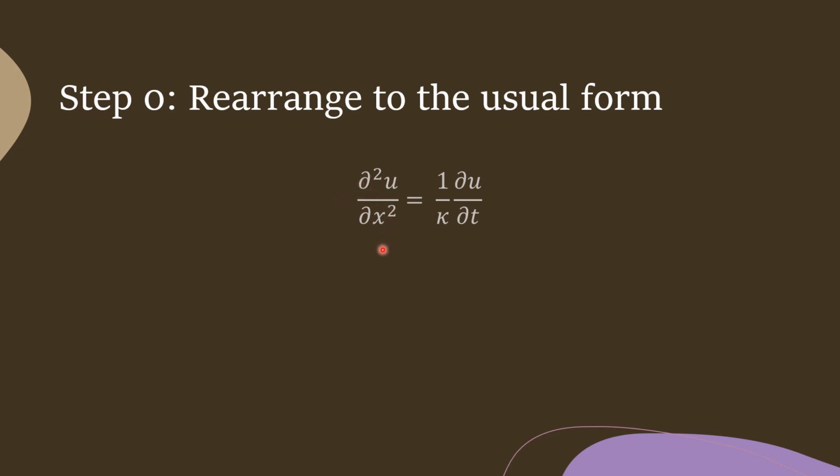Since this is just a 1D problem, you have only x here. If you have 2 dimensions or 3 dimensions, then you have to add the y and the z term. And then on the right hand side here, you have 1 over kappa. So kappa here is the heat transfer coefficient, and then you have the partial derivative of u with respect to time, right?